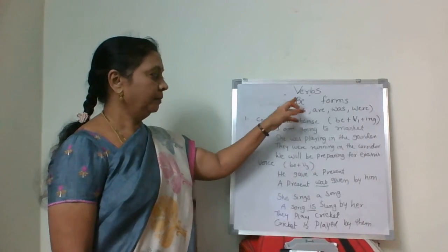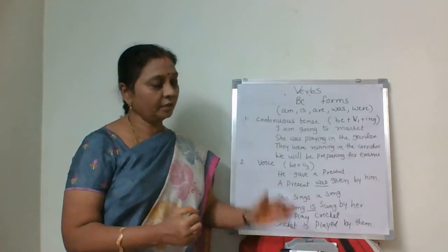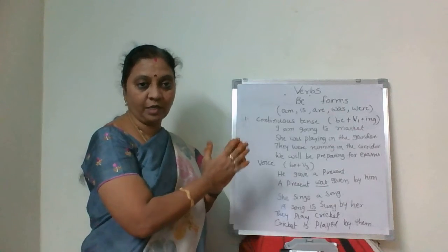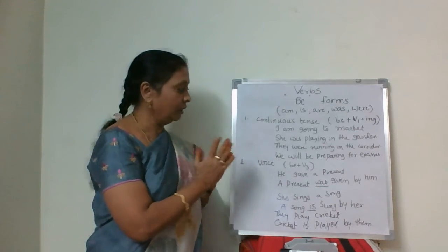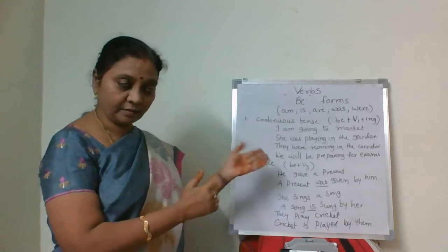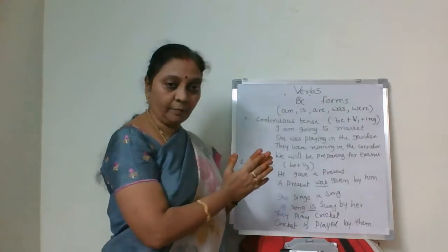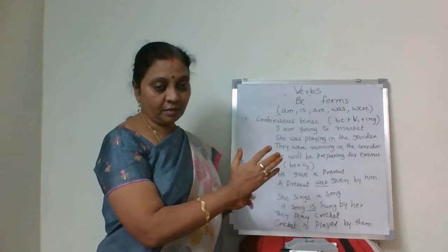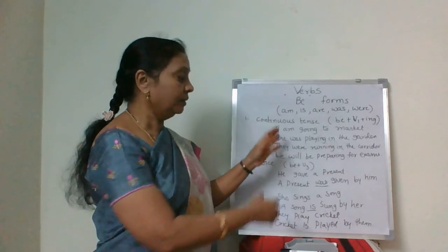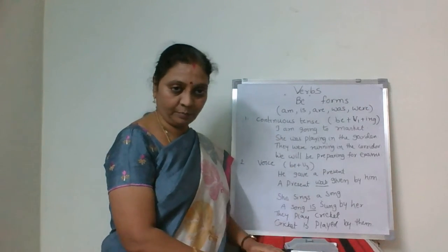So am, is, are, was, were are be forms, and how do we use them one by one? We just see. First of all, we use them in continuous tense. Tenses we are going to do later, but for the time being, you just see. In continuous tense, the role of these be forms is helping verbs.